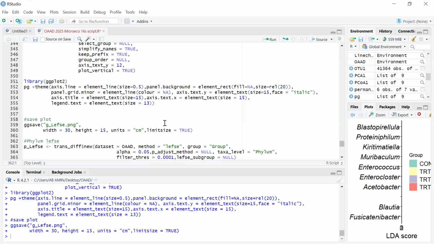Somebody was confused by the negative. This software, MicroECO, gives all of them a positive value, while the other one was a Microbiome package that I used.